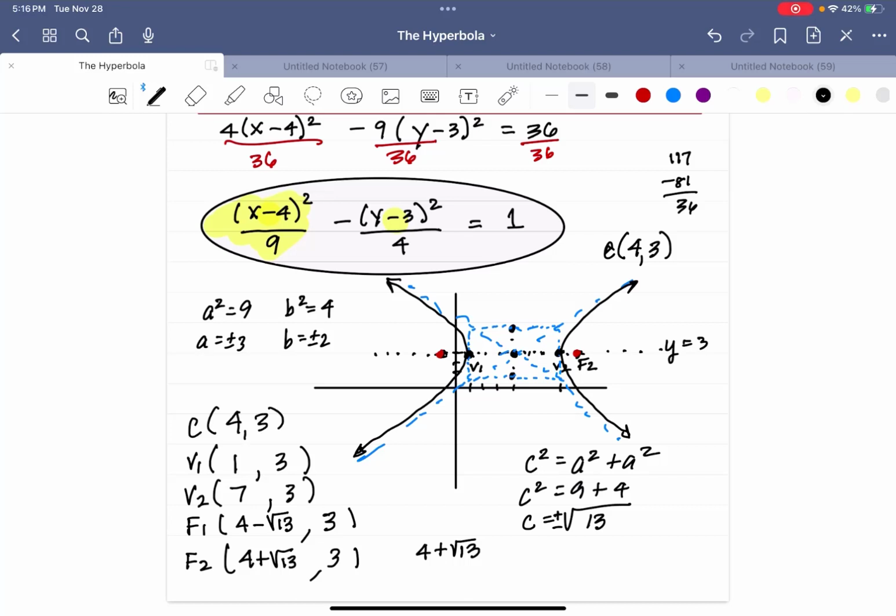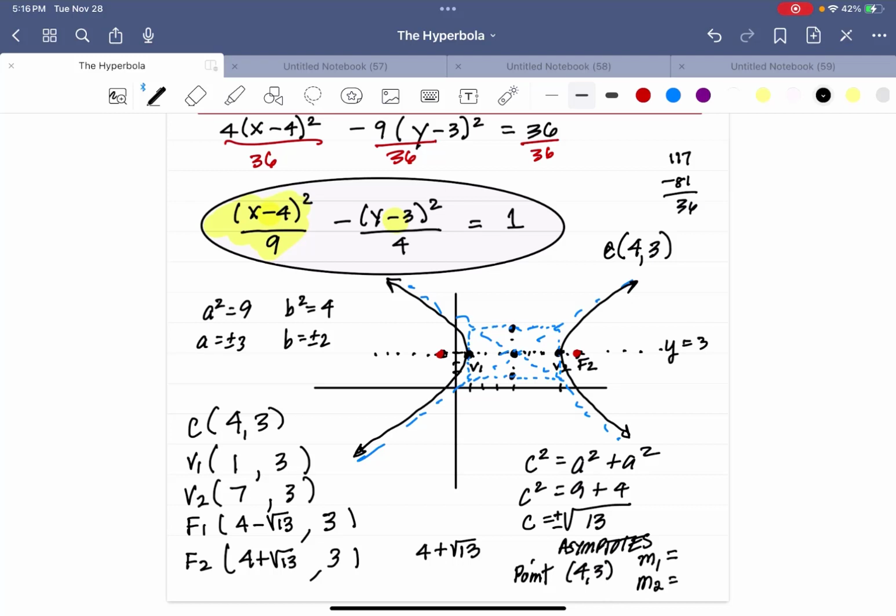We've located both of the vertices and both of the foci, and the only thing that's left is to do the asymptote. So we know a point for our asymptotes. So for our asymptote, we know for sure that it goes to the center, which is at 4, 3. Okay, so this is our point. And so we've got 2 slopes, so we'll call them M1 and M2.